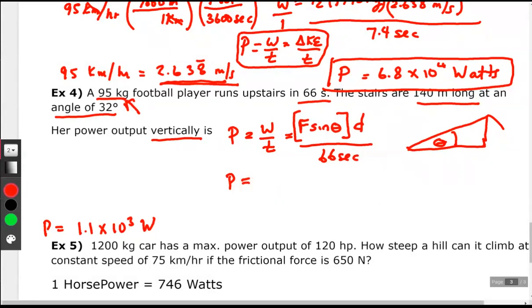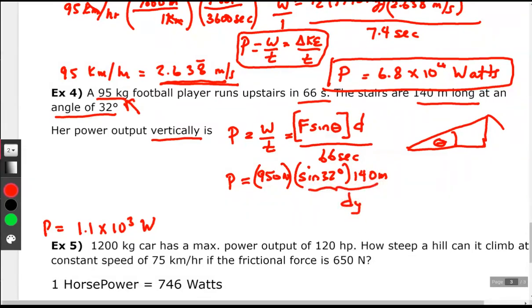So, what was his power? He was doing work lifting himself going up the stairs, because his weight is 950 newtons, multiplied by sine of the angle, which is 32. To make it into work, we have to do the distance, which is 14 meters. Actually, this is his dy. It's better to think of it this way.